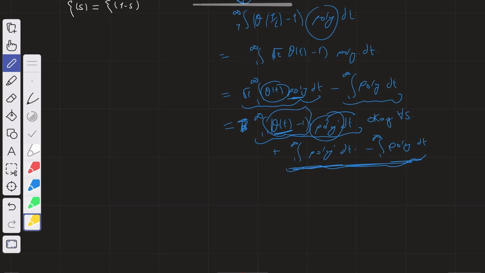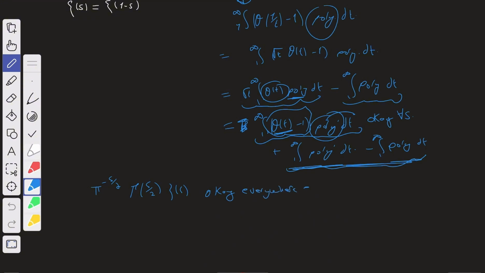We just proved that the function pi to the negative s over 2 gamma of s over 2 zeta at s is okay everywhere except at s equals 0 and 1, right?